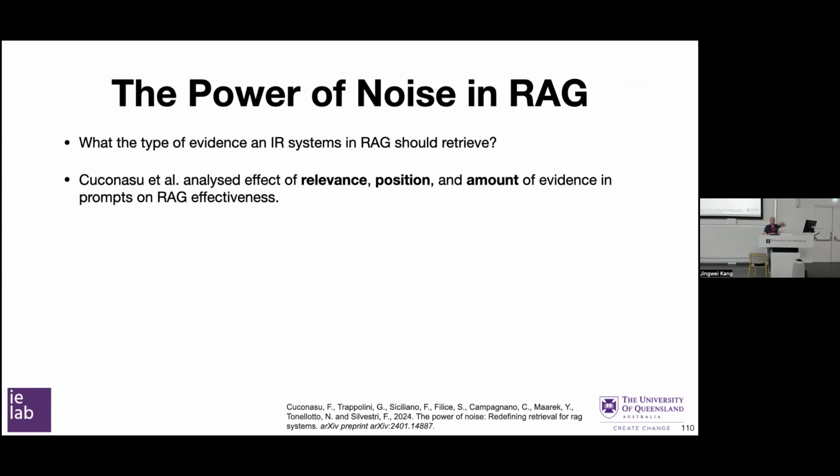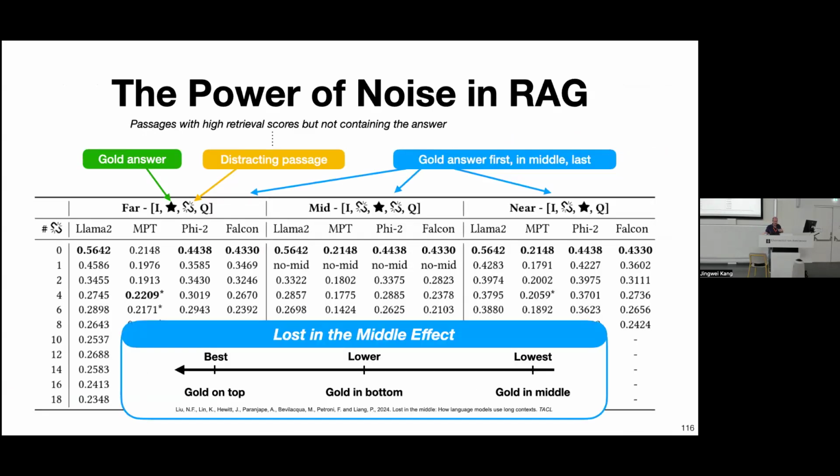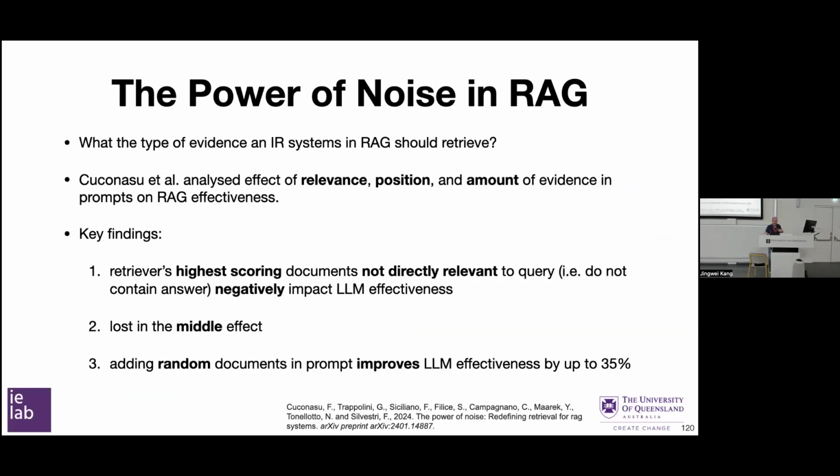In particular, let me skip to their findings. They find that if you provide the correct evidence at the top, you get a good answer out. If you provide it at the bottom of your prompt, you get an okay answer out. Rather in the middle of the prompt, that's it. It's not working anymore. The model doesn't listen to evidence that is there in the middle, right? And so you have that lost in the middle effect.